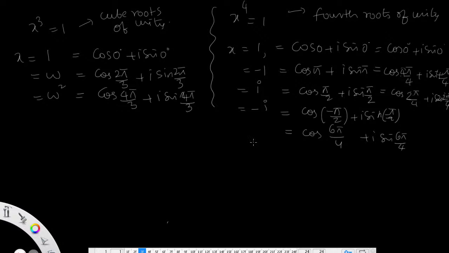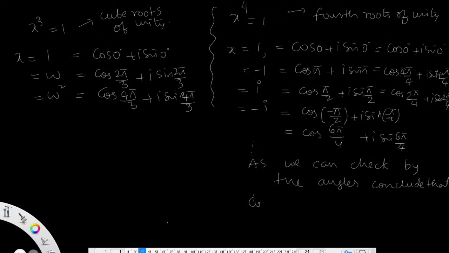So generalizing from the angles, with simple logic, we conclude that all are in the form cos(2kπ/n) + i sin(2kπ/n), where k is an integer.